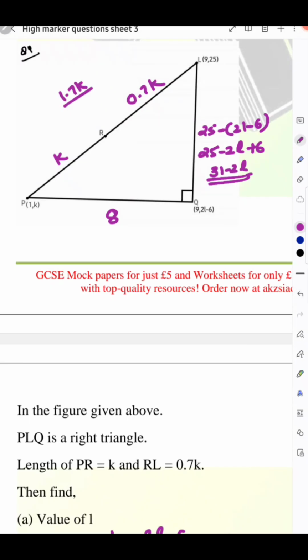That's clearly given k and 0.7k. Since it's a right triangle, I can apply Pythagoras because for this I have my base as 8, height is 31 minus 2L, and hypotenuse is 1.7k.